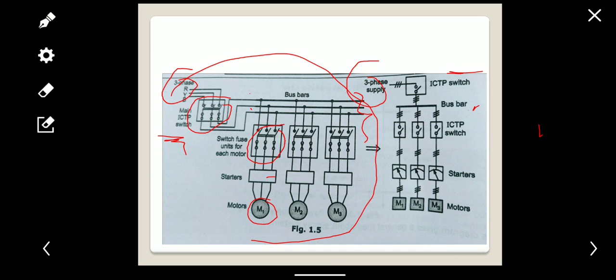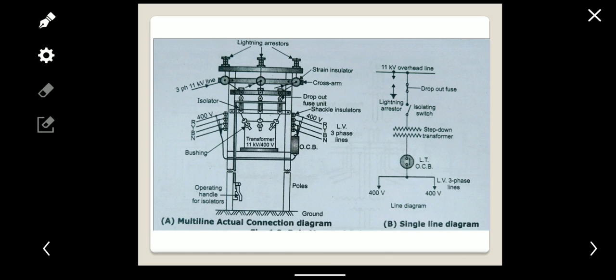Then next, this is the pole mounted transformer. This is also a multi-line diagram. It represents the multi-line and single line diagram for a pole mounted substation.